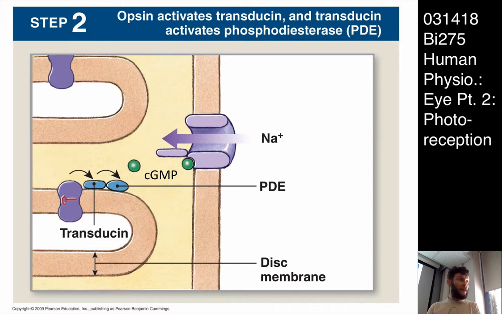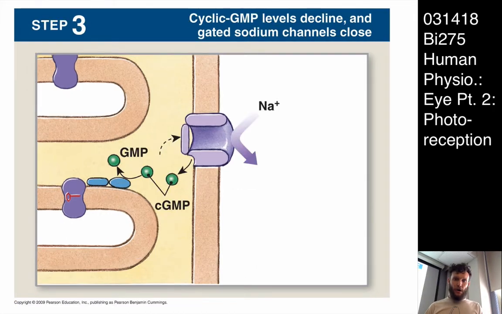Phosphodiesterase is an enzyme that cleaves a phosphodiester bond. It's a phosphodiesterase, it's cleaving a phosphodiester bond. Specifically, we're going to see that it's the phosphodiester bond that makes cyclic GMP go to GMP. It uncyclizes cyclic GMP to just GMP, the nucleotide.